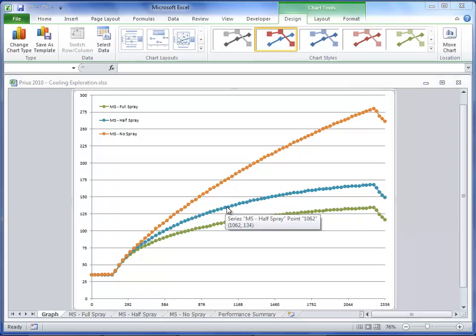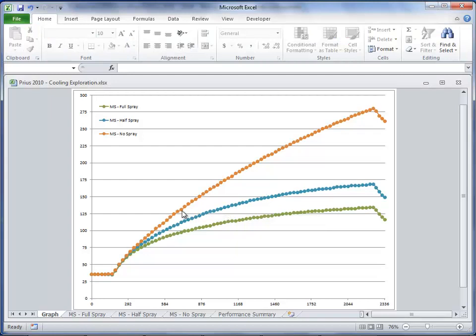If we now look at the half spray case, and we want to maintain a temperature of less than 135 degrees, it occurs at 1,062 seconds, which is roughly 17 minutes. This is a dramatic decrease from the full spray, a little more than half.